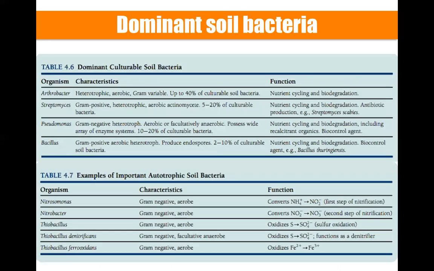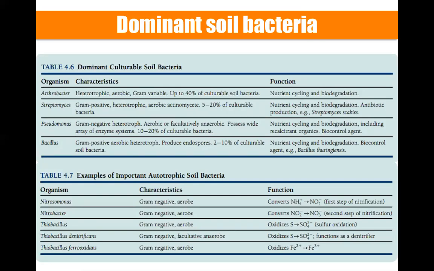All right, so let's go through the specific types of bacteria that are present in the soil. When we talk about the dominant culturable soil bacteria, those that can be cultured in the lab, we can find Arthrobacter, which is up to 40% of the total culturable bacteria.